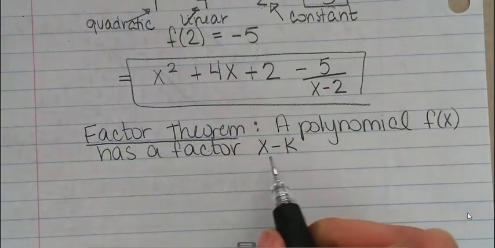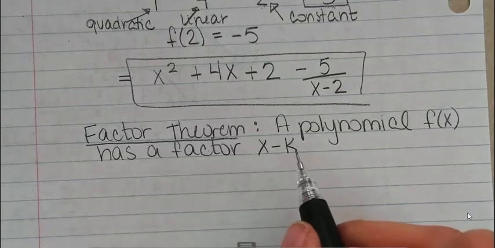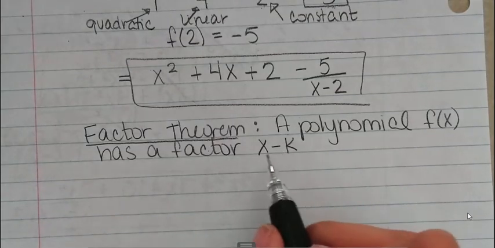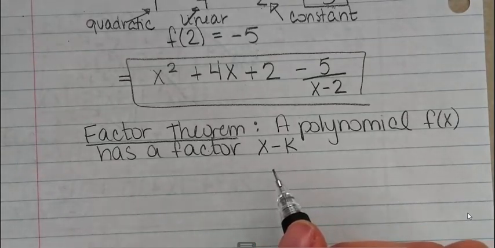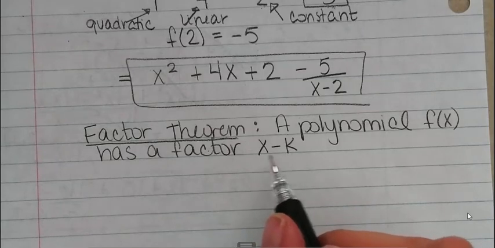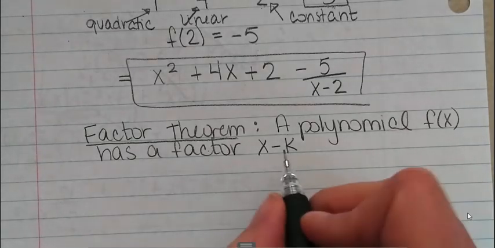which is usually how we're trying to get our factors, right? We're trying to get them into this x minus k form. Like when we factor trinomials, we try to get it into binomial factors. Or when we factor a quadrinomial using factoring by grouping, we try to get our factors to be these binomials so we can set them equal to 0, right?